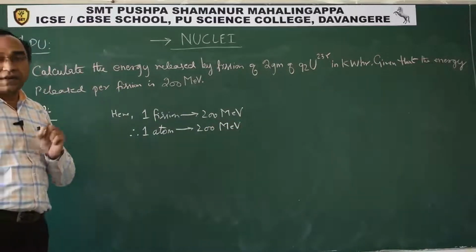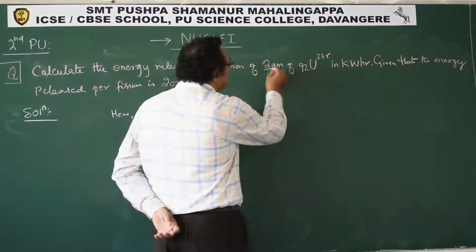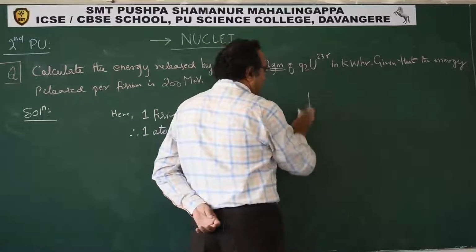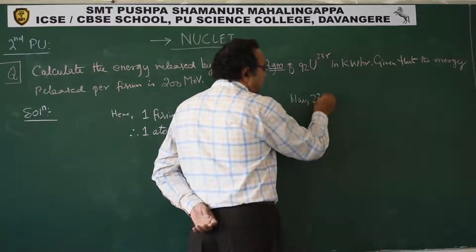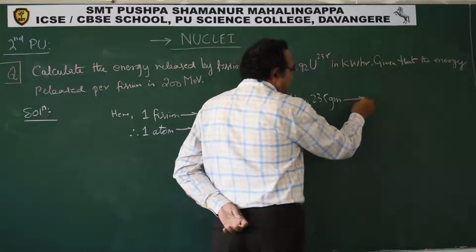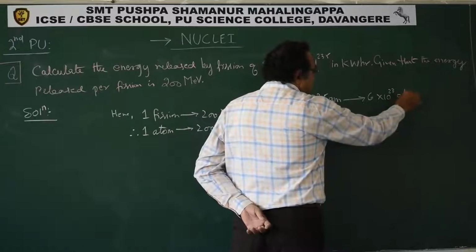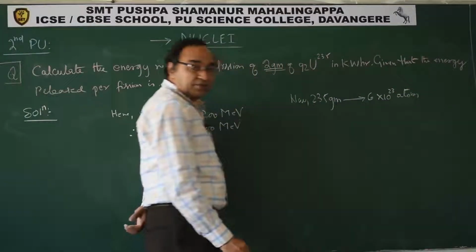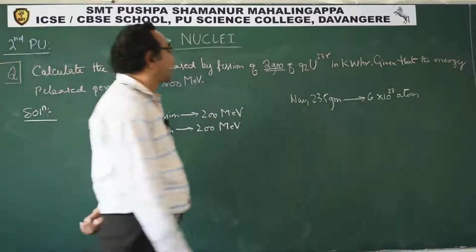So what is our next step? Find the number of atoms. It says 2 grams. So what can we say now? 235 grams contains 6 into 10 power 23 atoms. Again I am using 6 into 10 power 23 for calculation ease. There is no other objective.